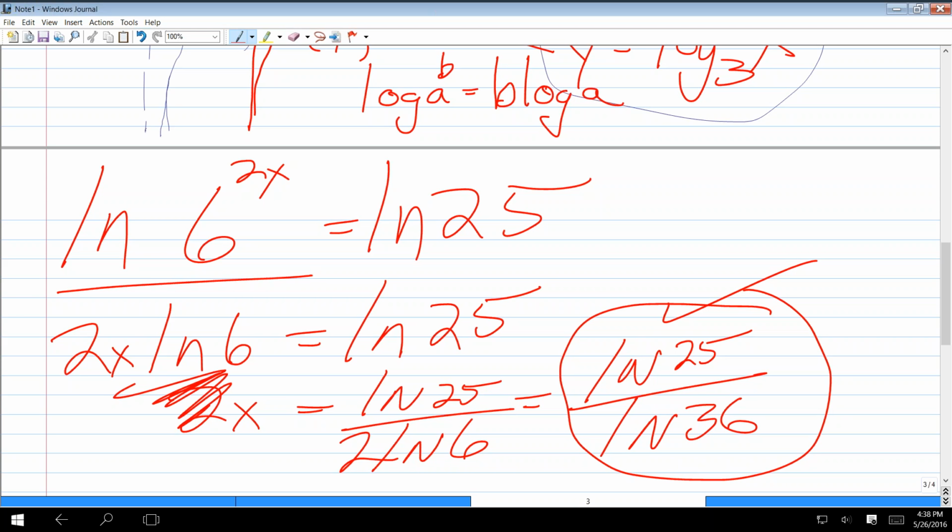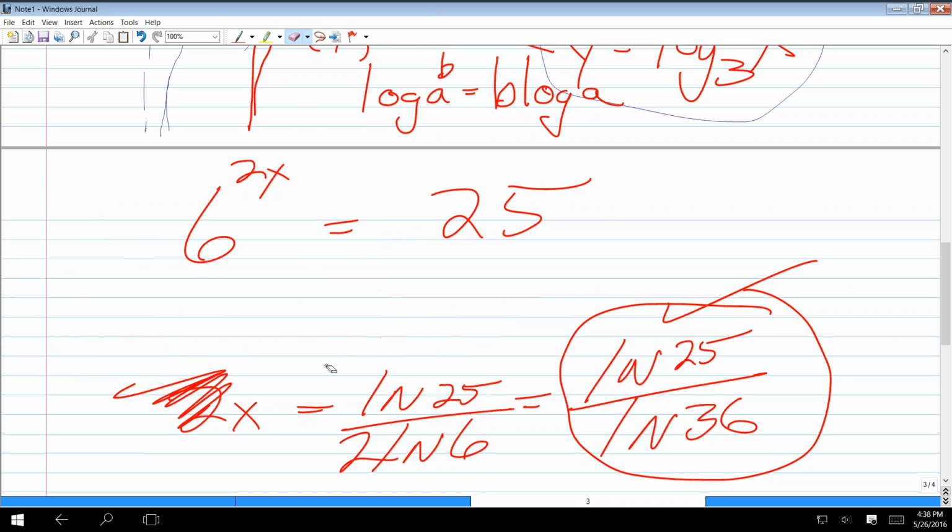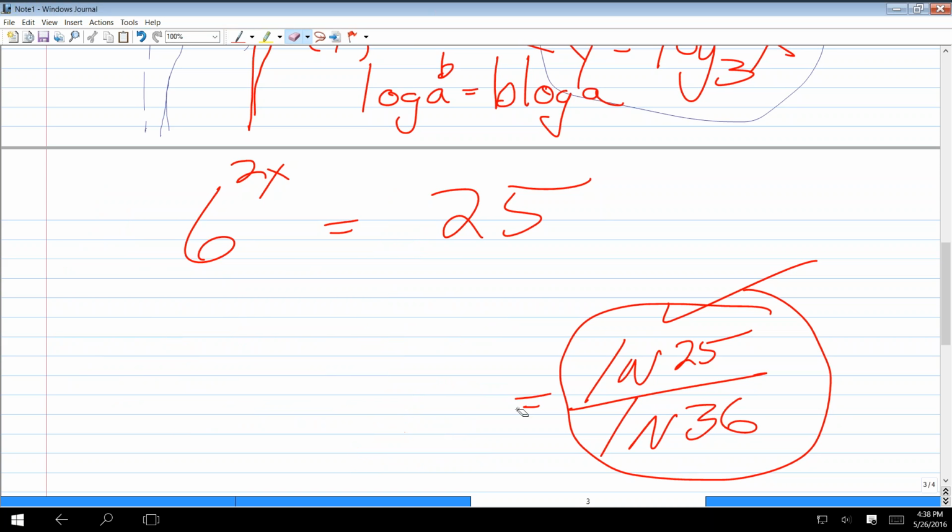And furthermore, let's go back a moment. There's another way to do this problem that maybe your teacher would teach you, which is instead of taking the natural log of both sides, let's take the log base 6 of both sides.